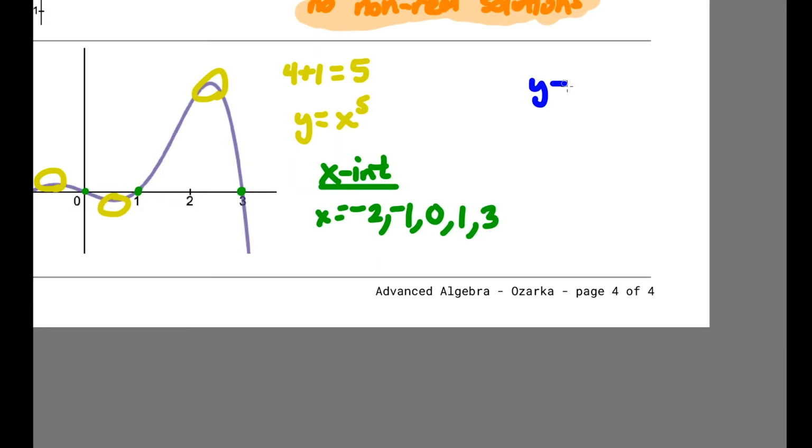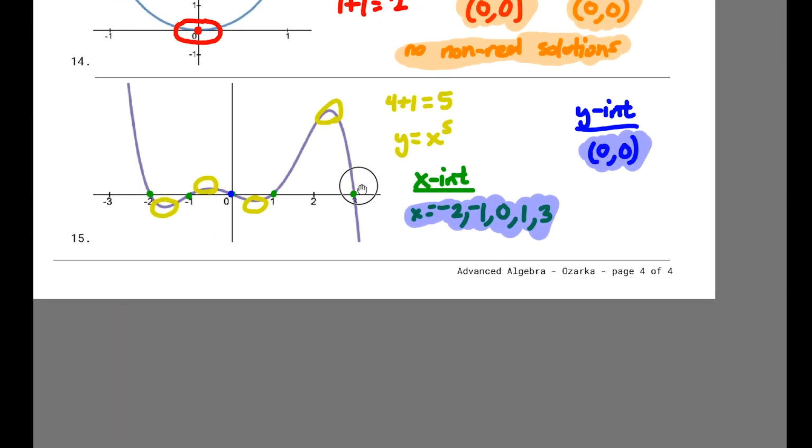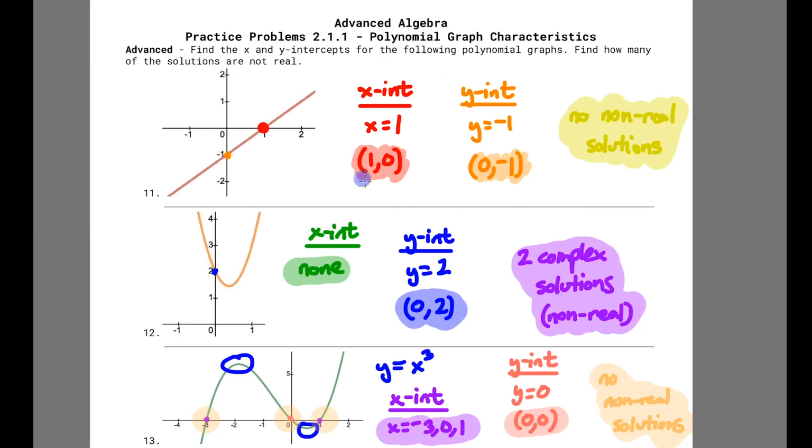The y-intercept for this one is going to be at 0 as well, so I'll just write (0, 0) in there, because that's where it intersects right there. And as I stated before, there are no non-real solutions for this if we are assuming that it's x to the 5th. So that's basically a brief breakdown of polynomial graph characteristics involving the x and y intercepts.